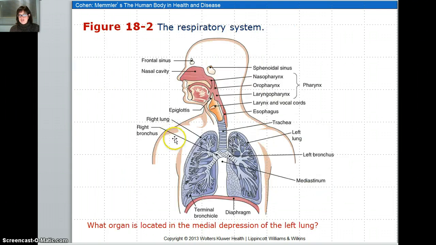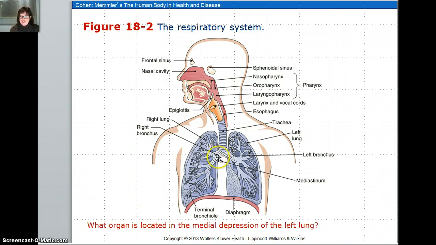After the pharynx is the trachea, and you can tell the trachea because it has these cartilaginous C-shaped rings around it. The advantage of the C-shaped rings is to keep the trachea open. Also, they're C-shaped and not completely closed, so that way as food goes down the esophagus or the food tube, it can stretch into the trachea if it needs room.